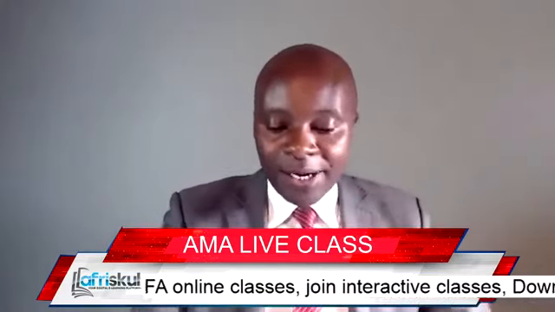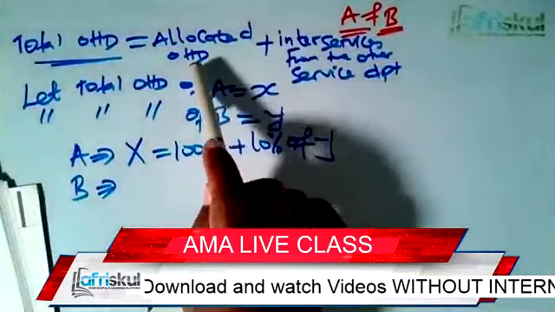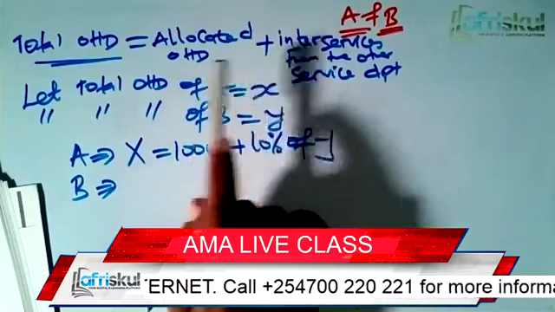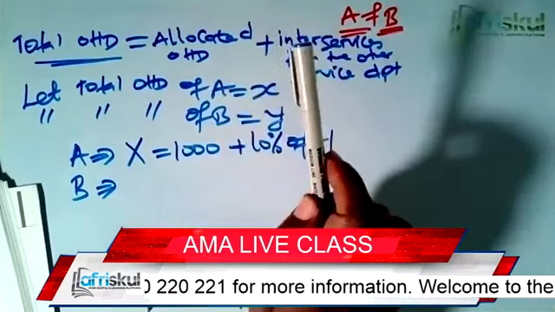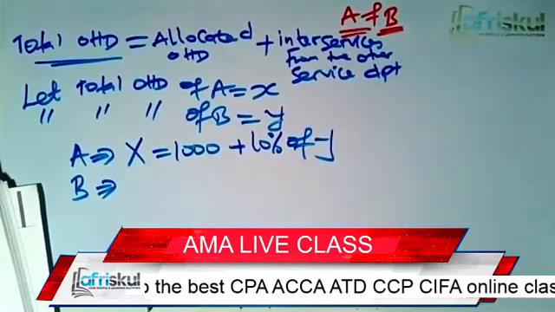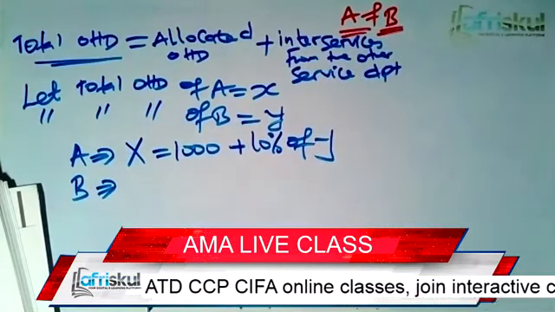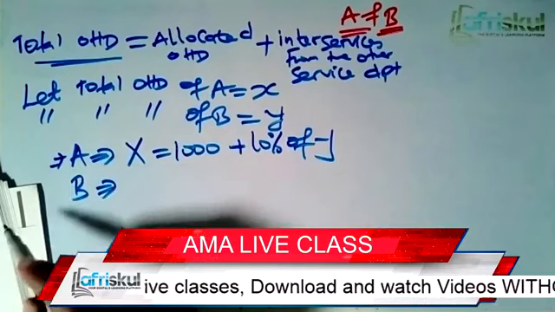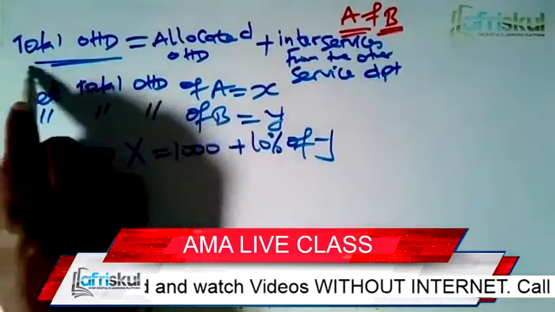So here we are. Remember, the total overhead equals allocated overhead for this service department plus any inter-services which these service departments are getting from their sister service departments. So we're able to form the one for department A. How about B? I'm following this model here.